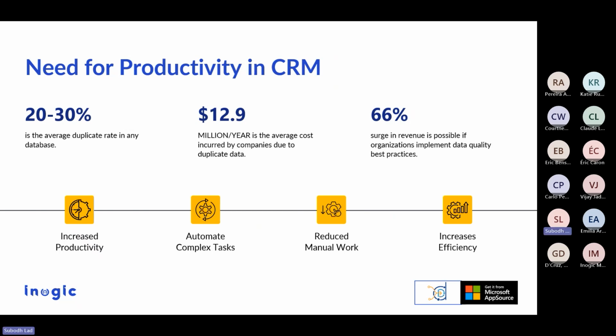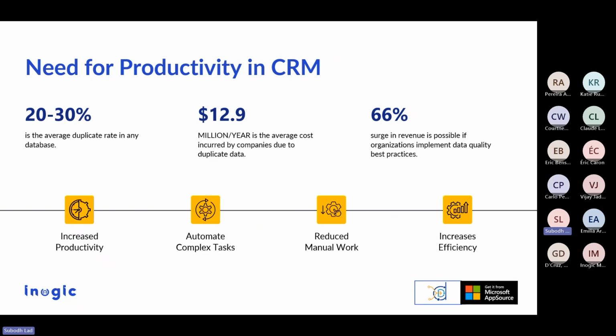Okay, so what is the need of productivity in CRM? As you can see, the numbers on the screen speak for themselves. On average, there is a 30% duplicate rate in any database in large organizations. And the organizations incur a cost of around 13 million every year due to the duplicate records that are present.